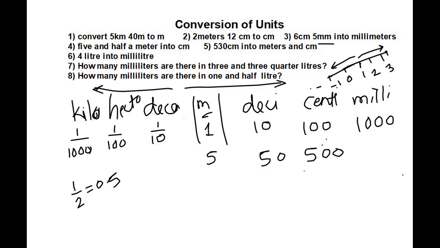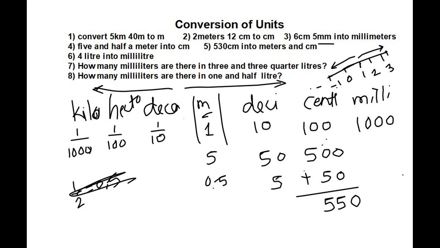Half means 1 upon 2, which is equal to 0.5. So you have 0.5 meter. Multiplying it by 10 becomes 5, and here it will become 50. So total becomes 550 centimeter.